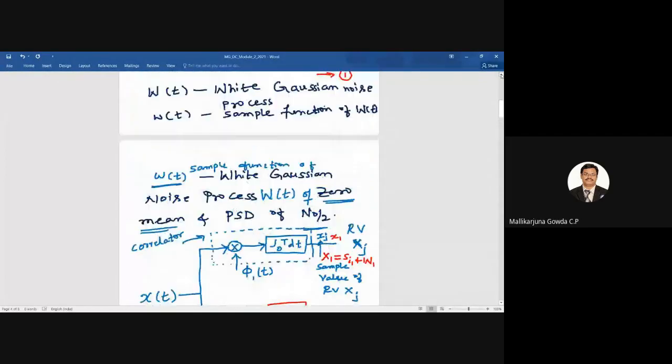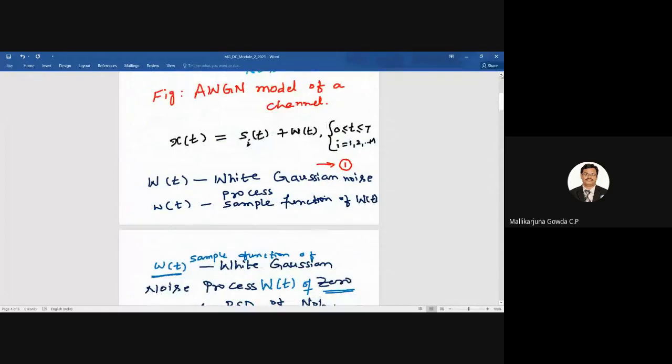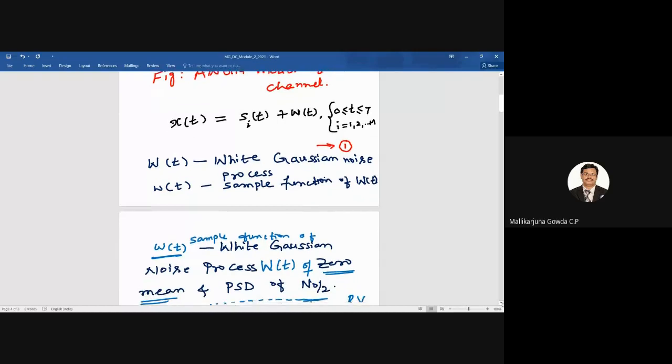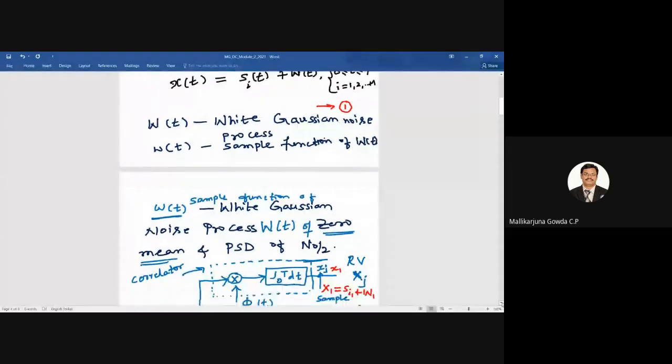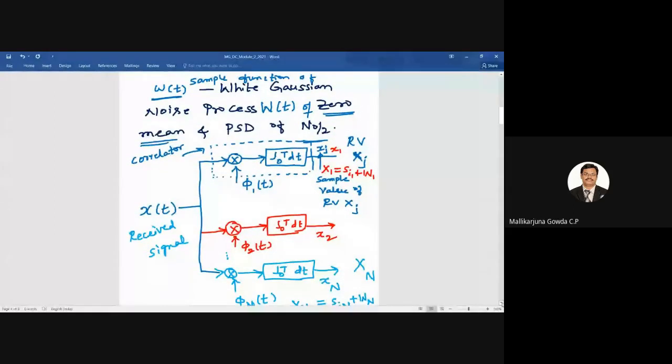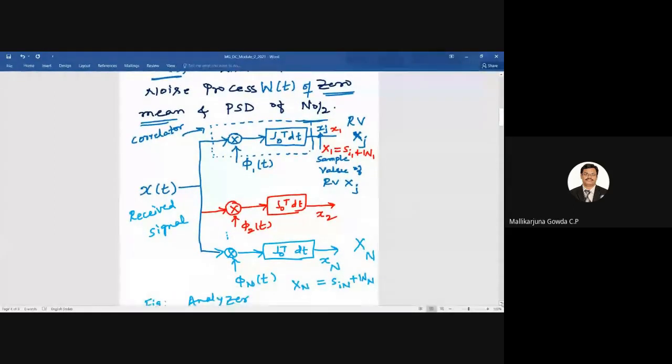Then w of t is the Gaussian noise process, and small w of t is the sample function of that. This Gaussian noise has zero mean and a power spectral density of N0 by 2. Then I wrote the analyzer diagram: x of t, the received signal, is passed on to N correlators to get back the coefficients.